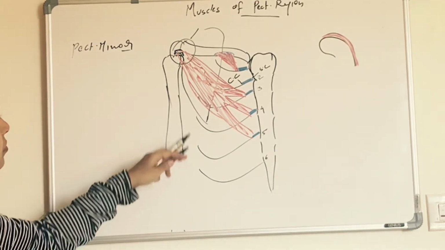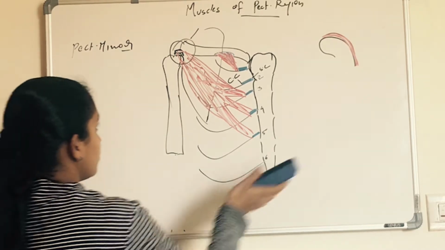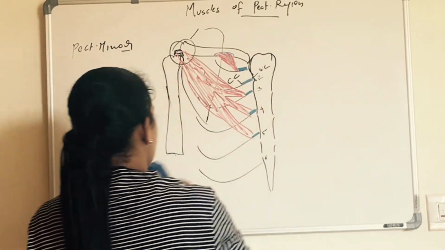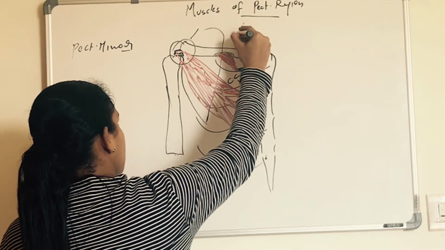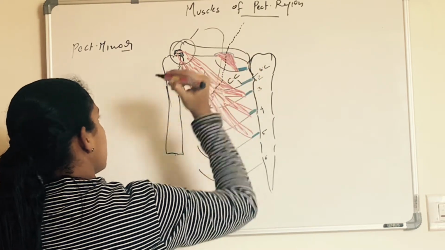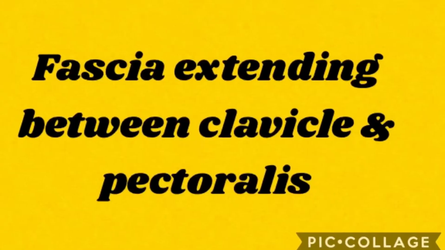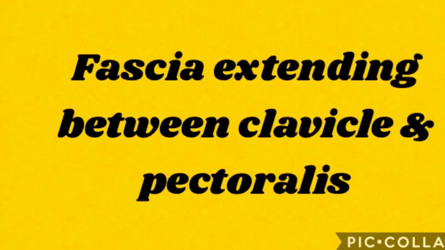Now, what is the fascia which extends from this clavicle to the pectoralis muscle called as? We have a fibrous sheath which extends from the clavicle to the pectoralis muscle, and that fascia extending between clavicle and pectoralis is called clavipectoral fascia.